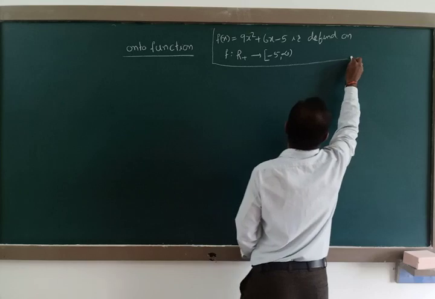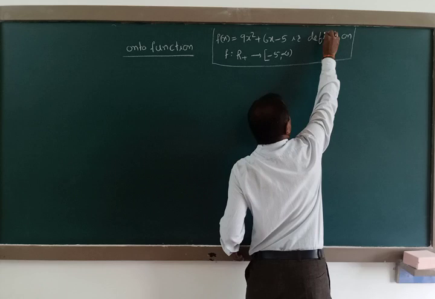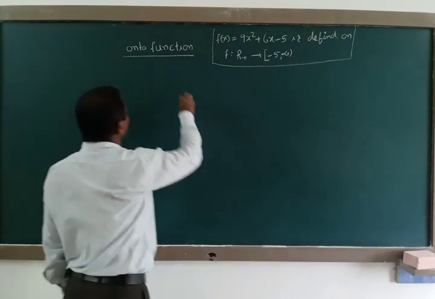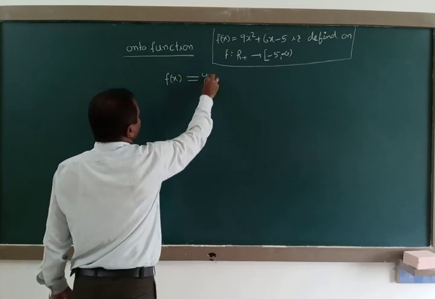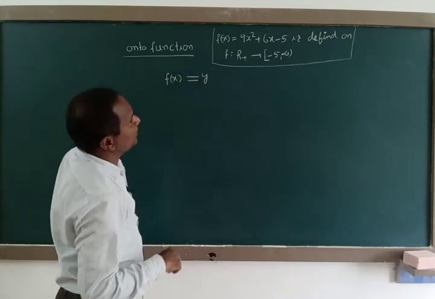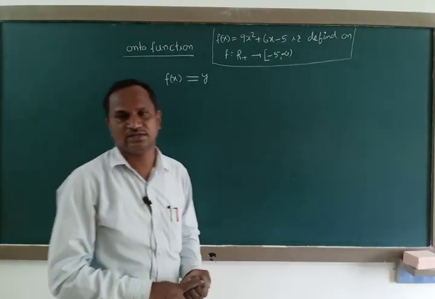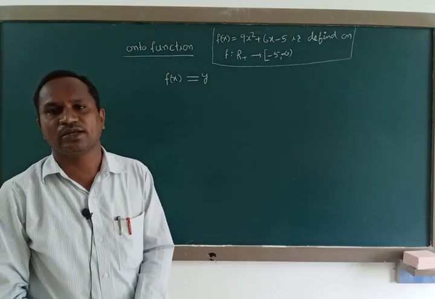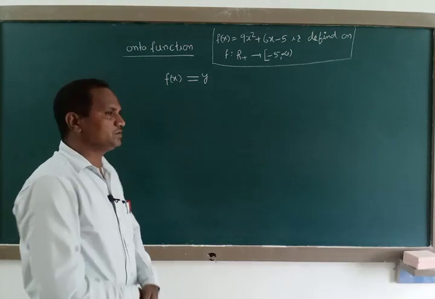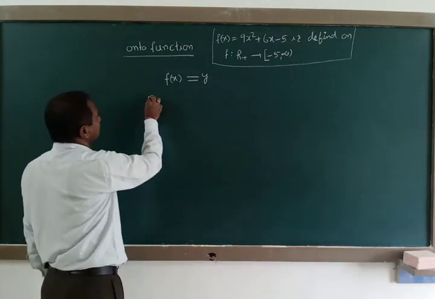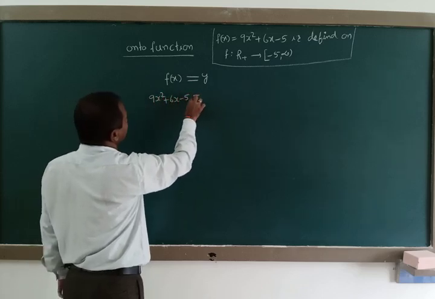With the help of this function, we are going to give a proof for onto function here. The onto function formula is f of x is equal to y. This is the common formula we apply for onto function, inverse function, finding the range, and images: f of x is equal to y. Here f of x is 9x square plus 6x minus 5 is equal to y.